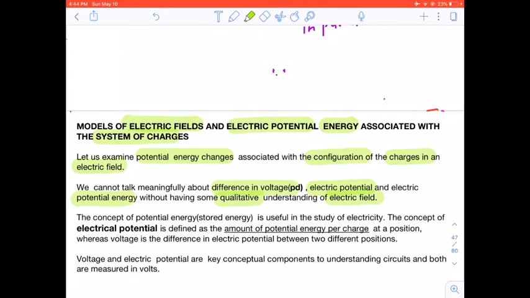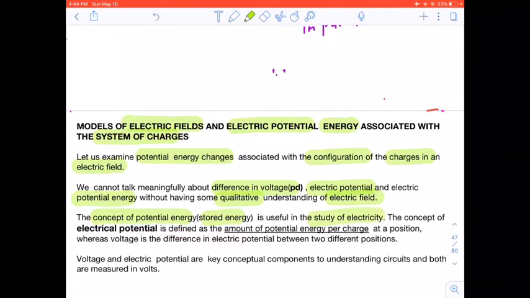So we know what an electric field is. We know electric field is a region in space where a charge experiences a force. And the concept of potential energy or stored energy is useful in the study of electricity.